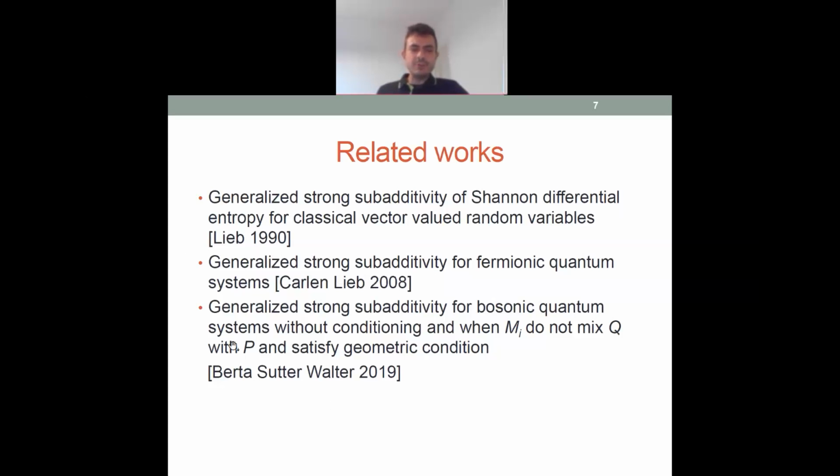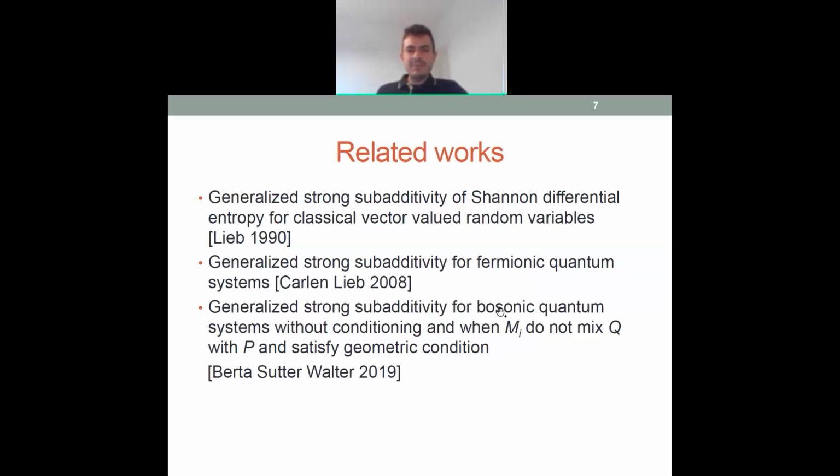And this version for bosonic quantum systems is the generalization of a similar inequality that was proved by Berta, Sutter, and Walter, and was presented last year at Beyond IID.